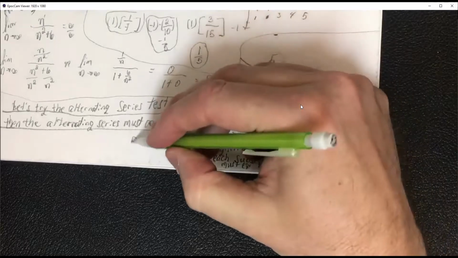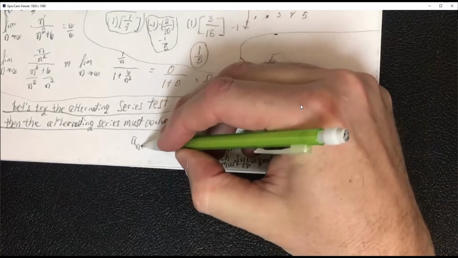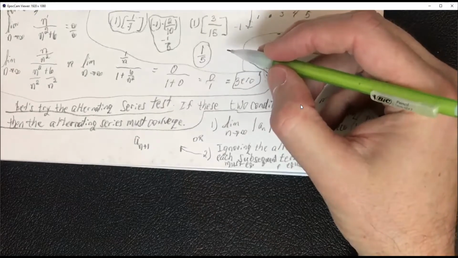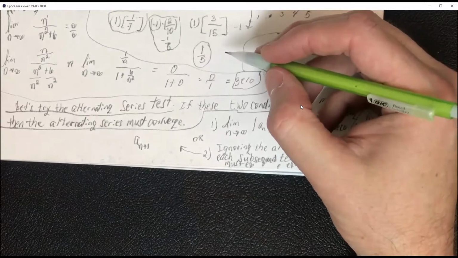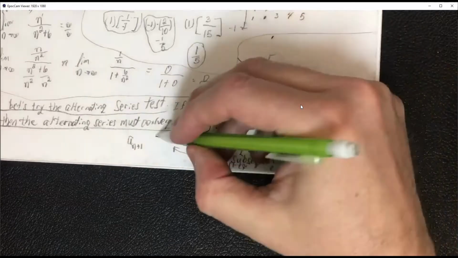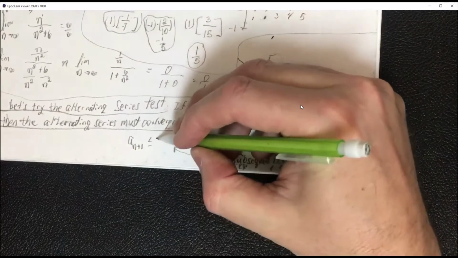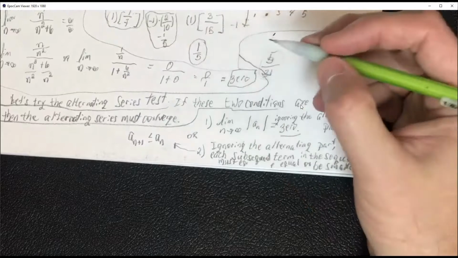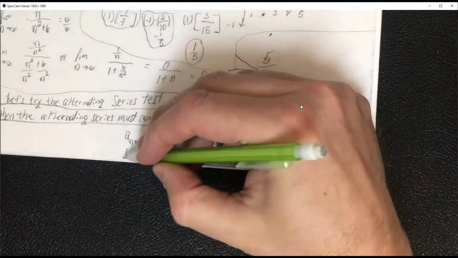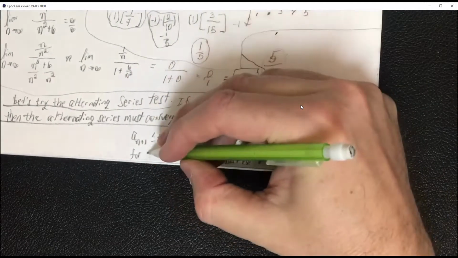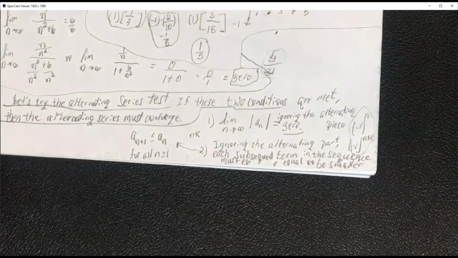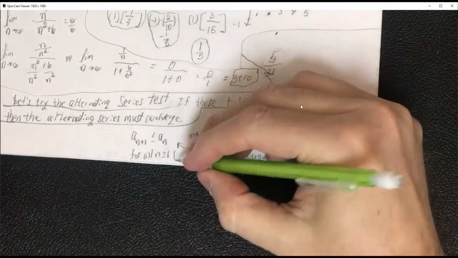You just say the next term in the sequence, a sub n plus 1, has to be less than or equal to the one right before it, which in general we say a sub n, for all n. This is not really true for all n greater or equal to 1, but eventually.